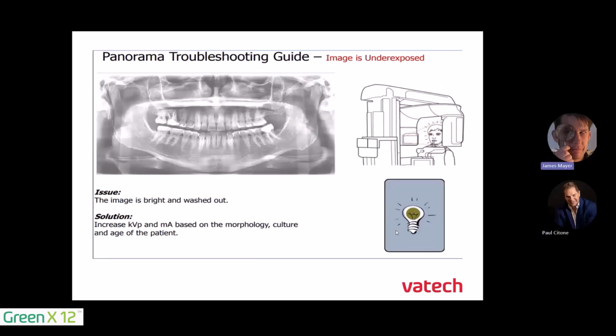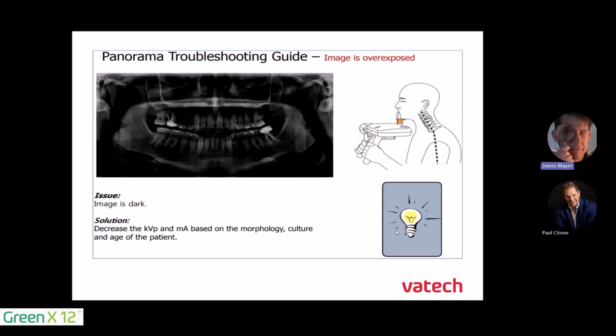Take us through a brief overview of an image that's too light or too dark, underexposed, overexposed. What has happened if we see that? So when you see an image like that, a lot of times if it's too light, we're underexposing it. And if it's too dark, we're overexposing it.